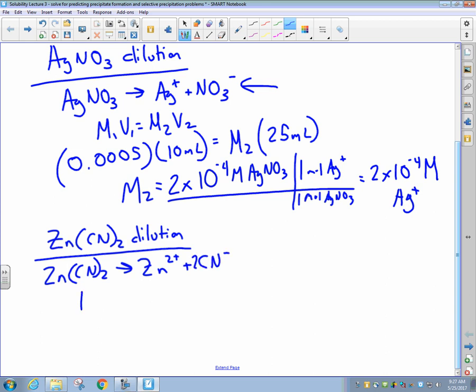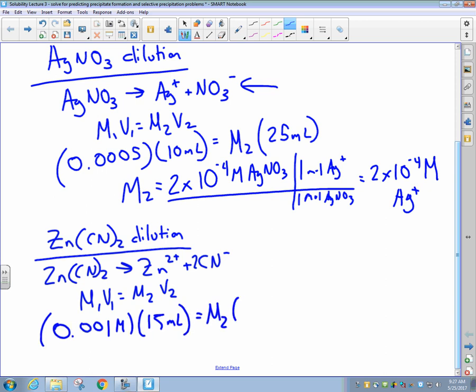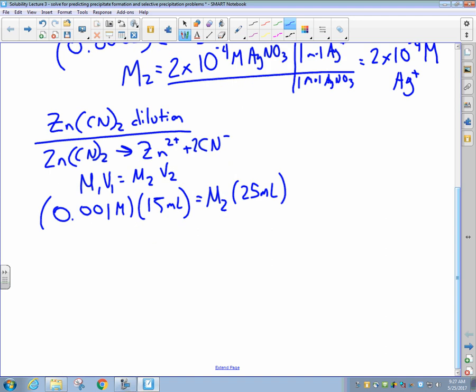We're going to do the dilution formula, M1V1 equals M2V2. So our initial concentration of the zinc cyanide is 0.001 molar. We had 15 milliliters of that. We're solving for M2, and our new total volume is 25 milliliters. So we solve for M2 and we get 6 times 10 to the minus 4th molar zinc cyanide.